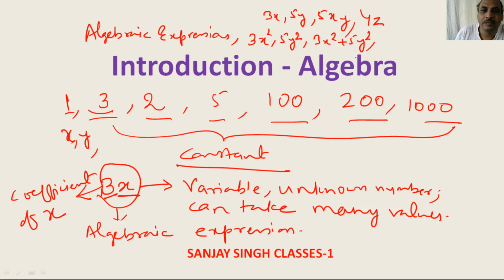So all these are called algebraic expressions. In this case where x and y both are involved, we can say that two variables are involved. One coefficient that is constant and two variables x and y are involved in this 5xy. So these are called algebraic expressions, and these algebraic expressions we are going to discuss today.